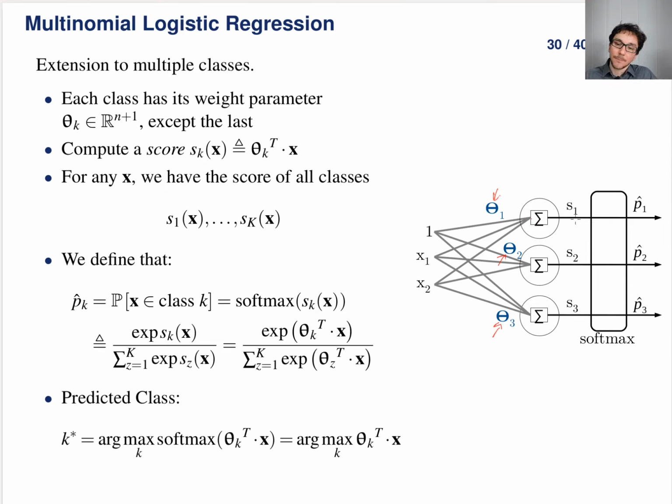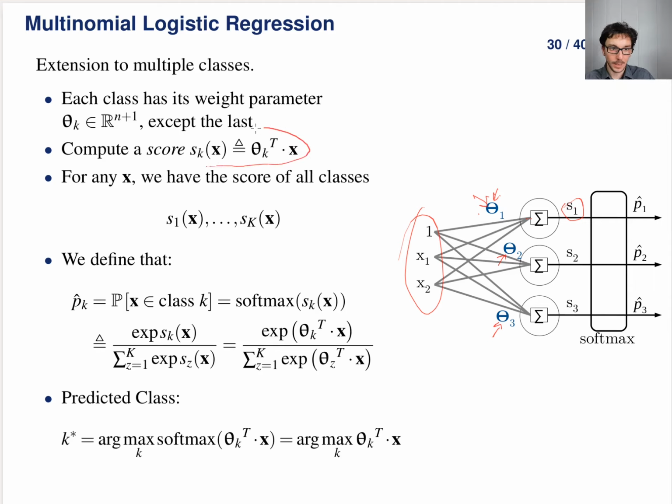To get the predicted class of a sample, we take a sample vector and we multiply it by the parameter vector of the first neuron, and we obtain S1.